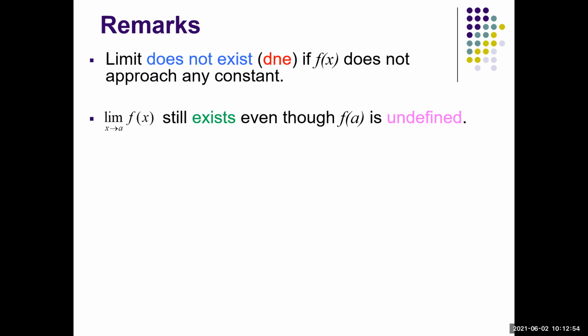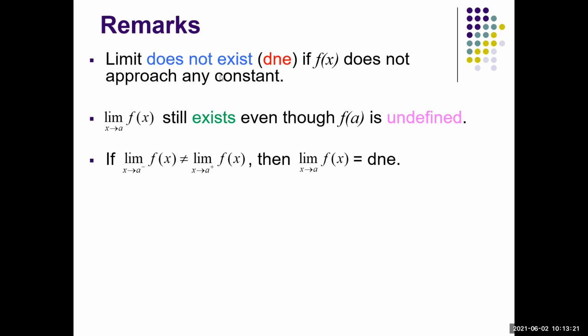However, in the example we explored, the limit is 4. So the limit and the function value are two different things. This is exactly what happened at 2, in general. This just says what the behavior is from both sides of the number a when x approaches a.